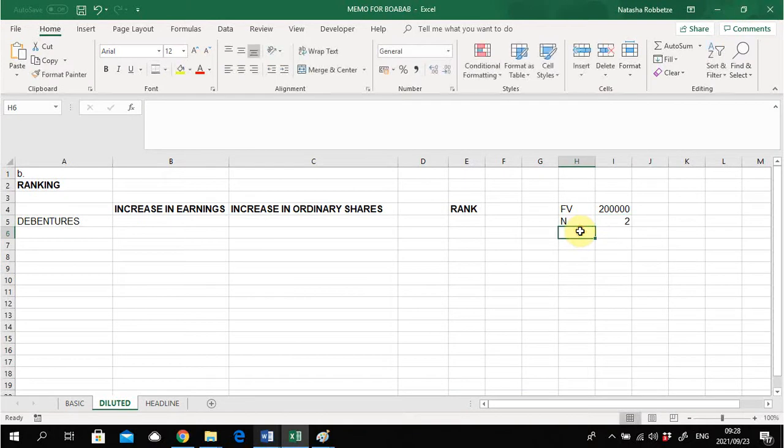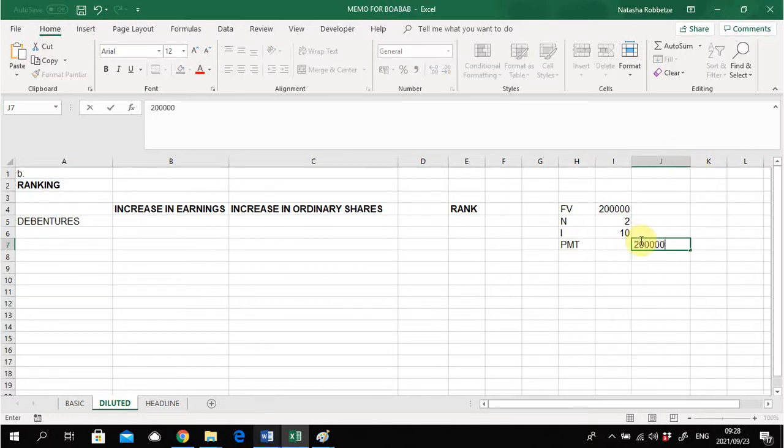The I, we always need to use the market-related I, which is given as 10%. Then we need to look at the payment. And the payment will be our future value, which is the 200,000, times 11%, which is what we pay them when we issue these debentures.